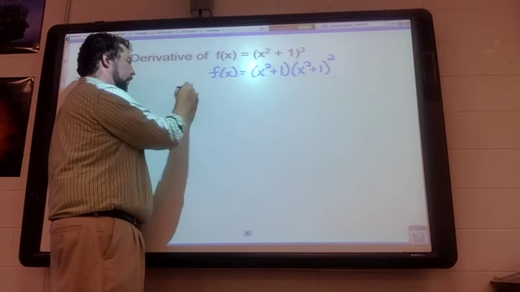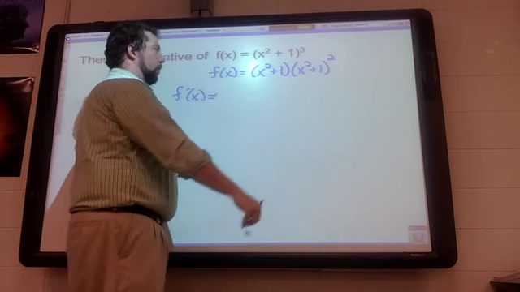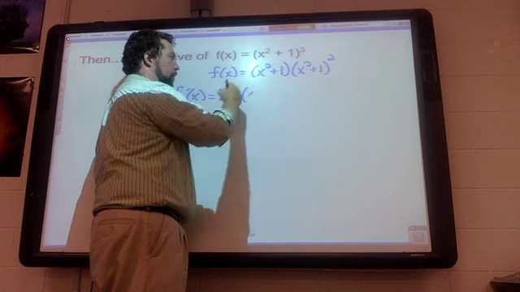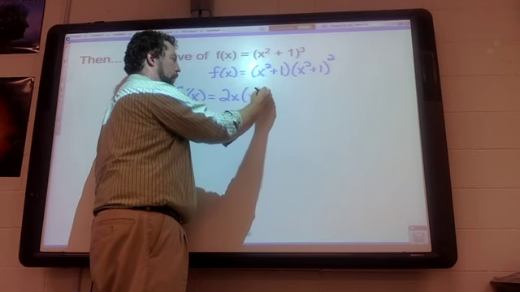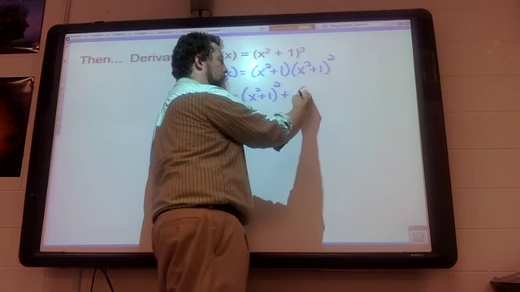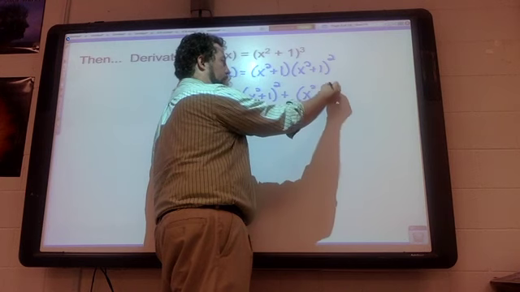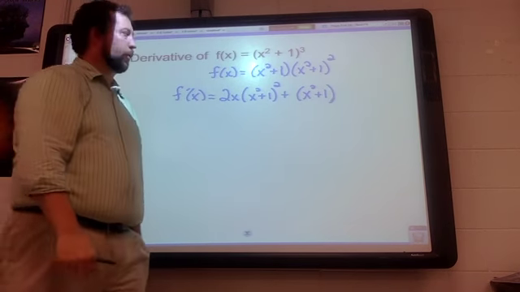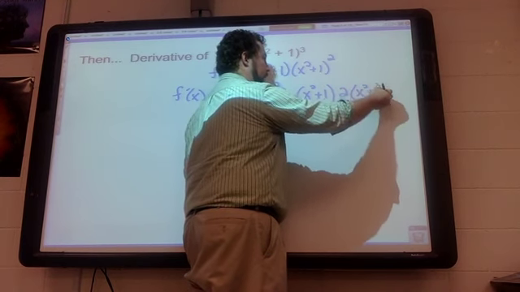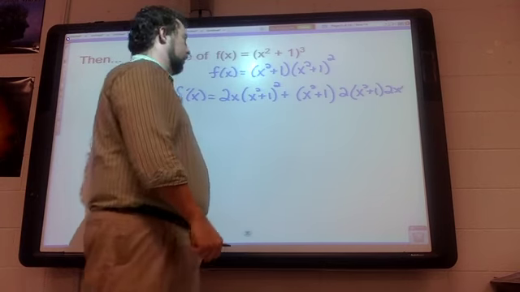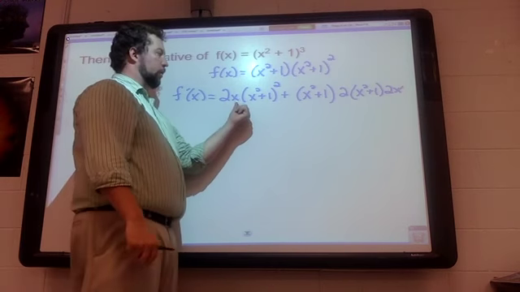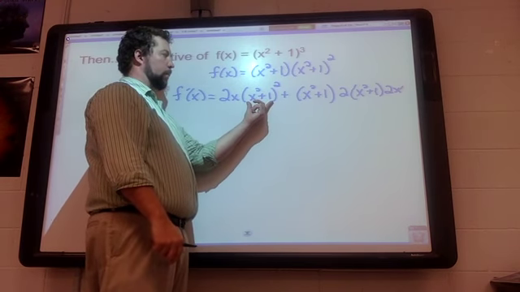The derivative of this is equal to the derivative of the first, which is 2x, times the second one left alone, x squared plus 1 squared, plus, leave the first one alone, and then take the derivative of the second, which if we remember is 2 times x squared plus 1 times 2x. Alright, so if we look at that, we've got 2x, x squared plus 1 squared.